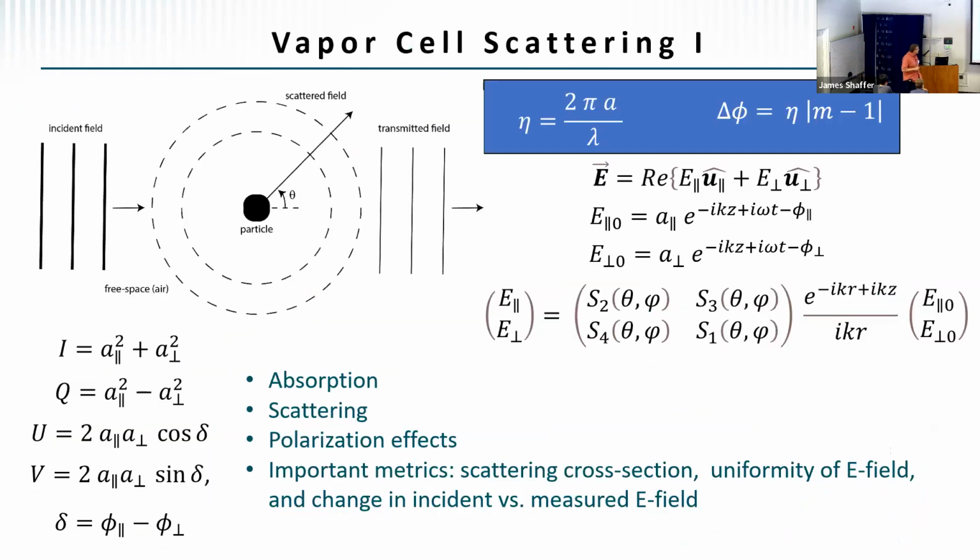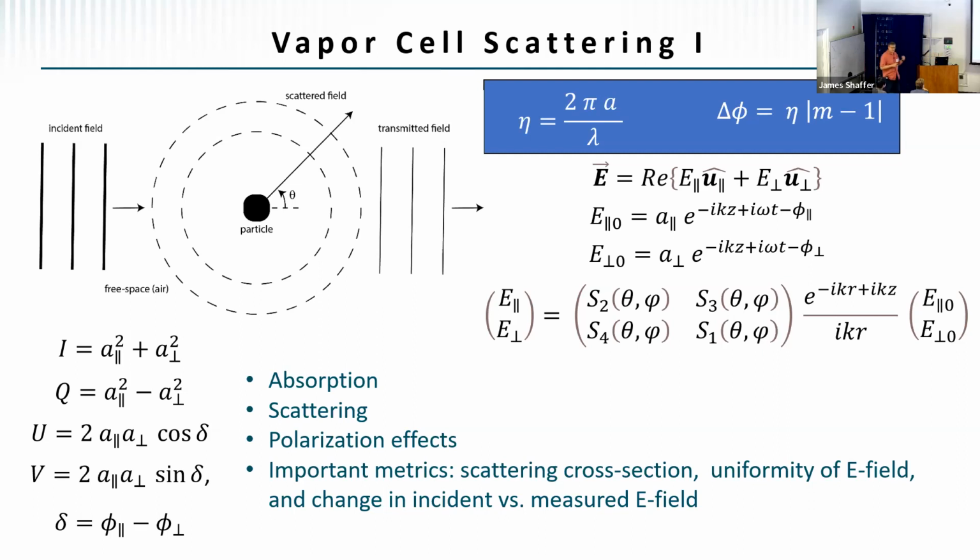Okay, so for metrology, we don't want the vapor cell to scatter the RF field. We would like the RF field to pass through the vapor cell and make the vapor cell walls invisible. That's the approach. So the formalism for looking at this is really small particle scattering.